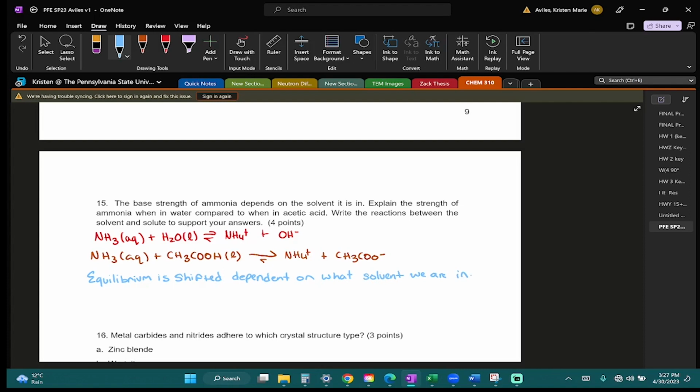So when we're in water, ammonia behaves as a weak base.